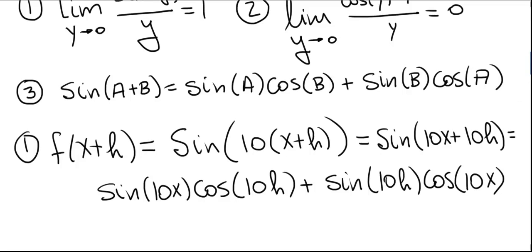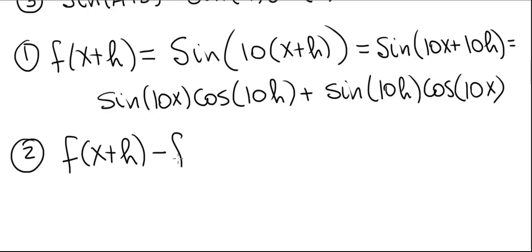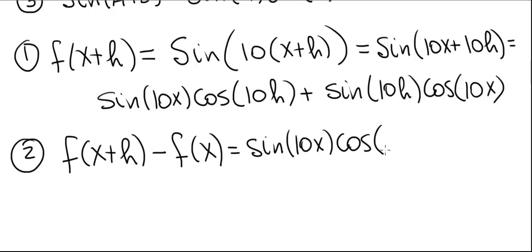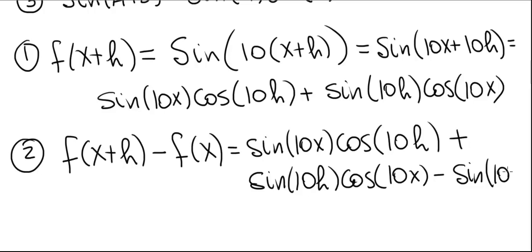And now we can go on to step number 2. We're going to take the function f of x plus h we just computed and subtract the original function f of x. So this becomes sine of 10x times cosine of 10h plus sine of 10h times cosine of 10x minus sine of 10x.